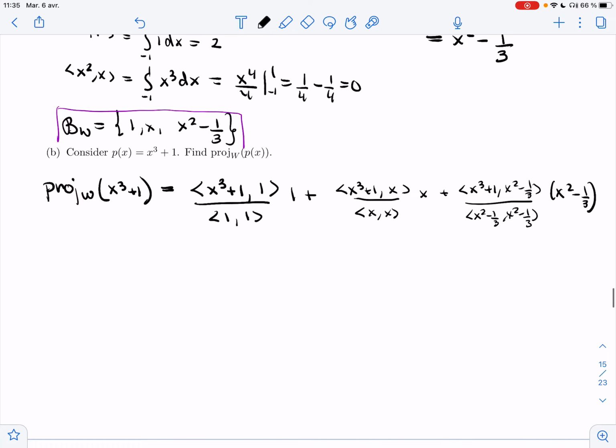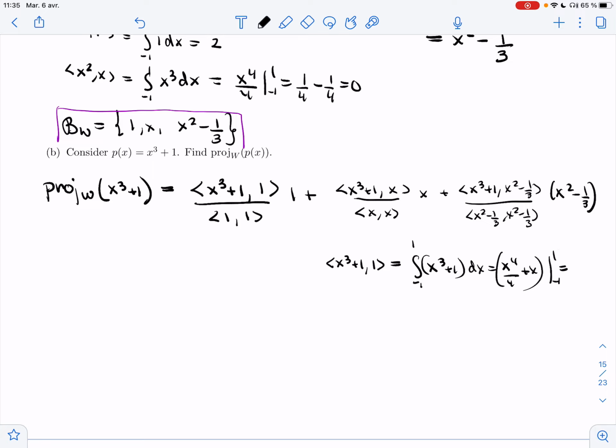Let's compute all of these on the side. So x cubed plus 1 with 1. That's just the integral of x cubed plus 1. I get x to the fourth over 4 plus x from minus 1 to 1.